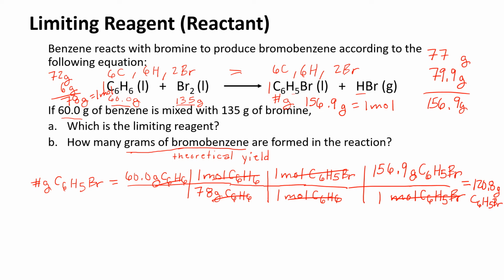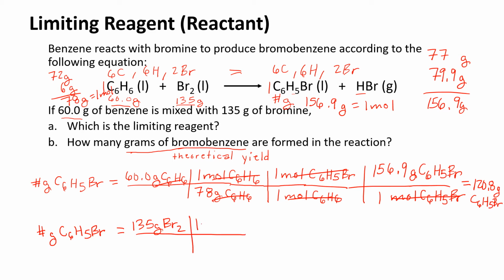All right, so now let's do the same calculation. We'll calculate how many grams of bromobenzene I will produce from 135 grams of bromine. This sets up much the same way.